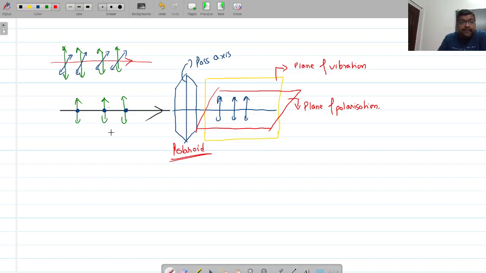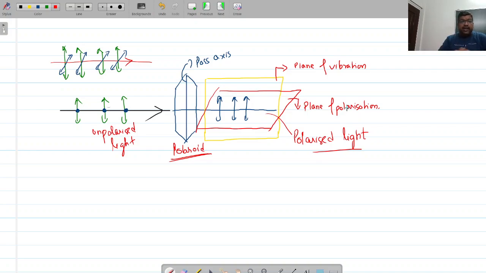So what it has done: this was the unpolarized light, and this is the polarized light. These are just terms to identify light with regard to its properties.